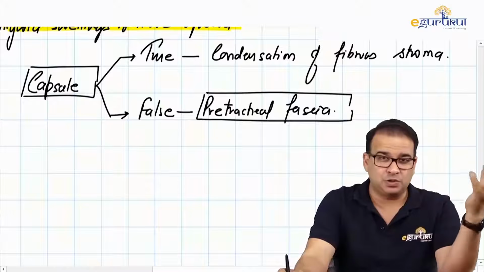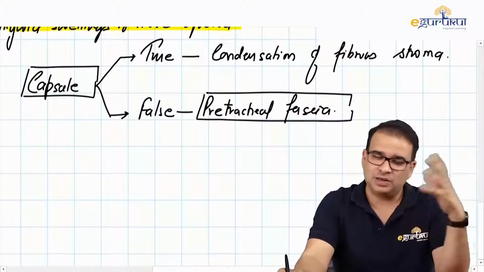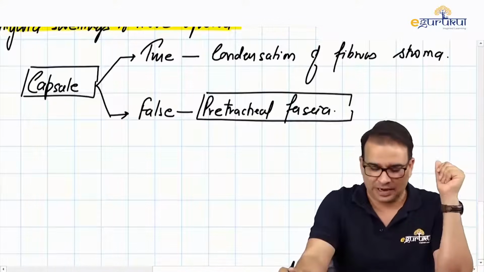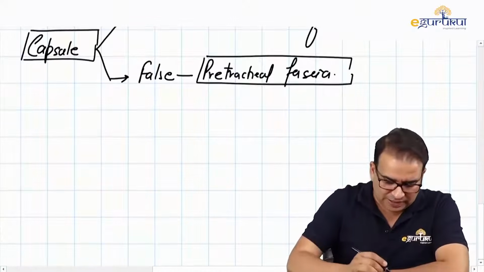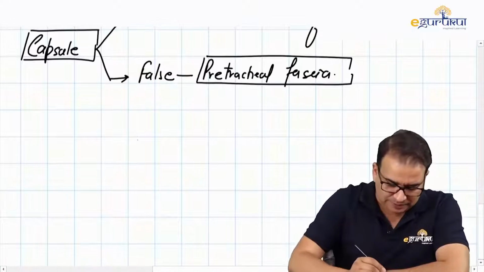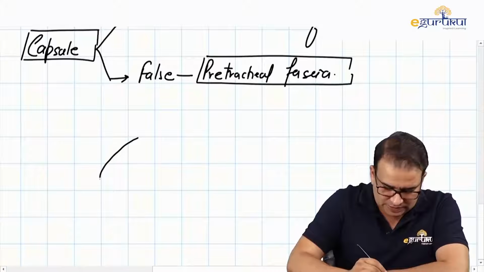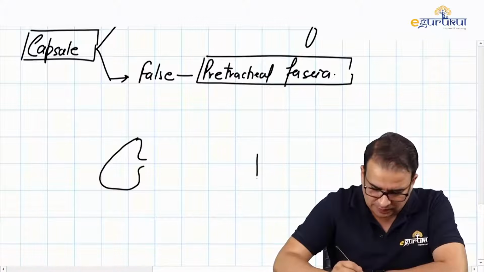Now there is an important comparison to be made between the thyroid gland and the prostate gland. We do have a true and false capsule for the prostate also, and the same story we have in the thyroid gland also. Now what that comparison is, if let's say this is the thyroid gland, and here let's say is the prostate gland.